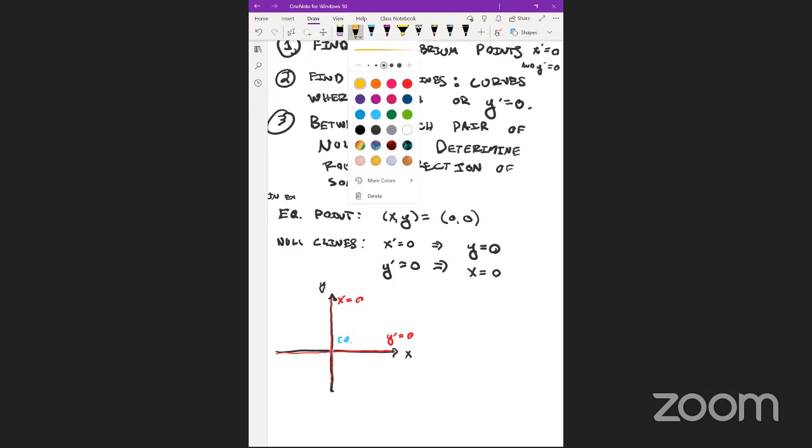So for each of these regions, 1, 2, 3, and 4, sit over here. We want to determine the rough trajectories. And so basically what we actually just want to determine is whether x prime and y prime are positive or negative.